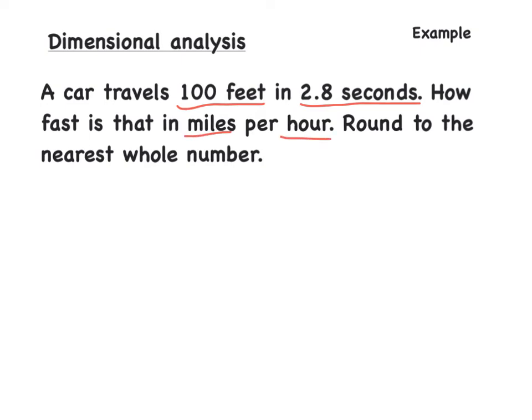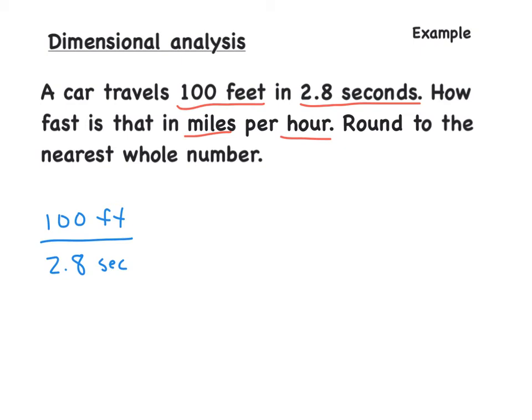So the first thing we could do, we could write a ratio with the 100 feet in 2.8 seconds. It is so important that you write down all of your units. You have to write your units.